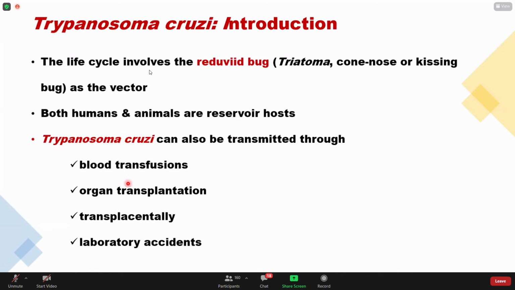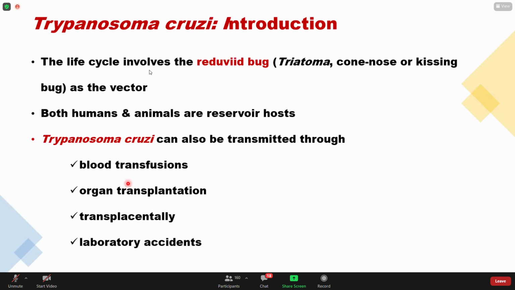It's also referred to as the kissing bug because it tends to feed at night and it tends to come for the face because of CO2 production. So the part of the body that has the highest CO2 concentration, that's where the bug will move towards.